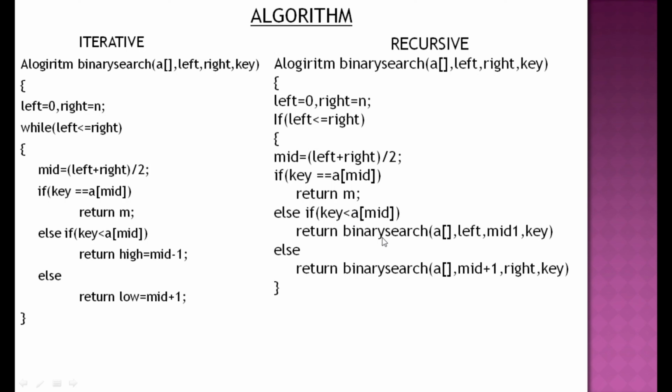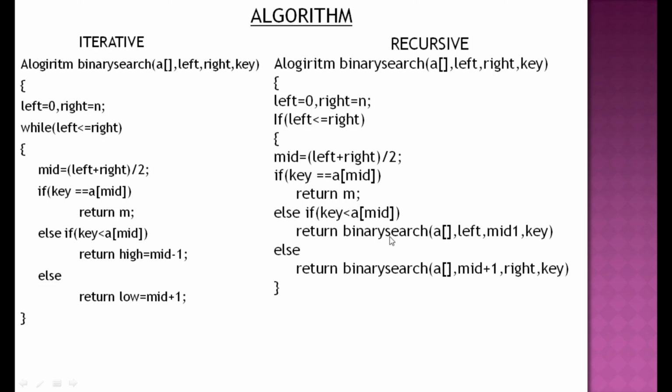approach. Here the binary search is a user defined approach, where again it has to return to the binary search. Coming to the iterative method, it is called by itself, because if the key value is less than the array of mid, then it will return to the high, and it automatically separates and does it itself. In the recursive method, the user has to define it.